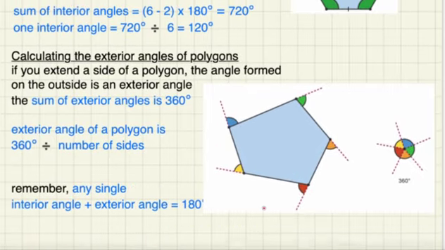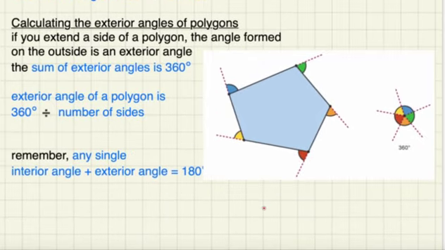So those are internal angles. We're going to talk about external angles or exterior angles. So if you extend a side of a polygon, the angle formed on the outside is an exterior or external angle.